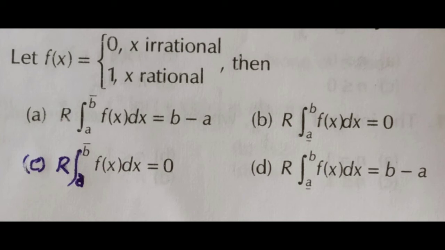B, integration a lower bar to b f(x) dx equals 0. Option C, integration a to b upper bar f(x) dx equals 0. And the last option D, integration a lower bar to b f(x) dx equals b minus a.